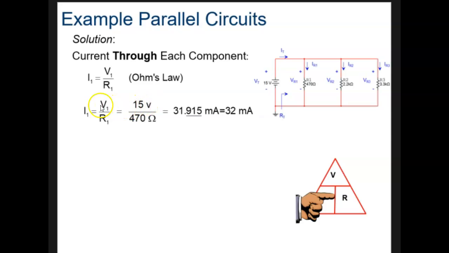We know V1 is 15 volts and R1 is 470 ohms. So in order to find the amps, we would divide 15 by 470, which is equal to 31.915. We'll round that up to 32 milliamps.